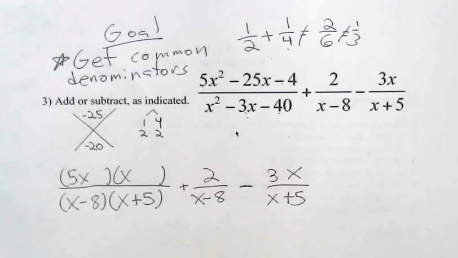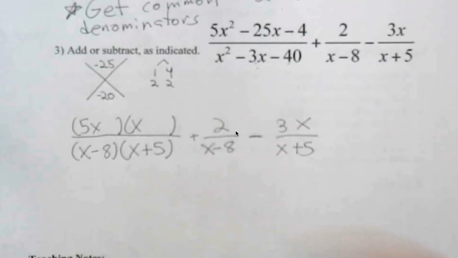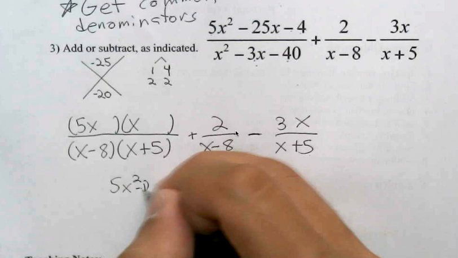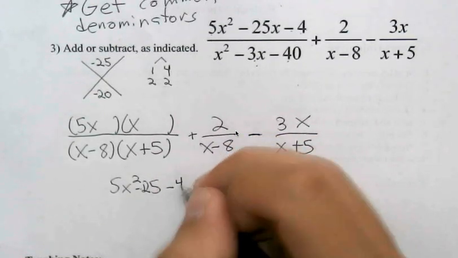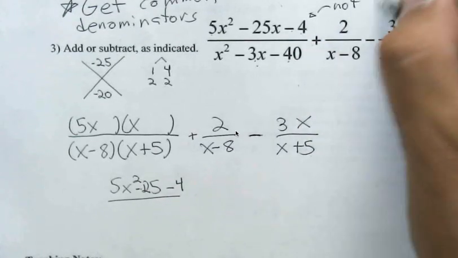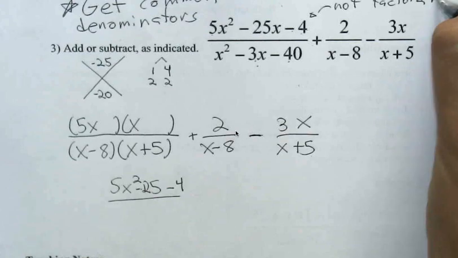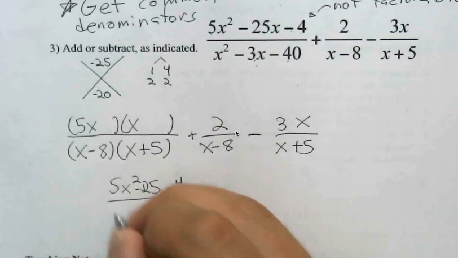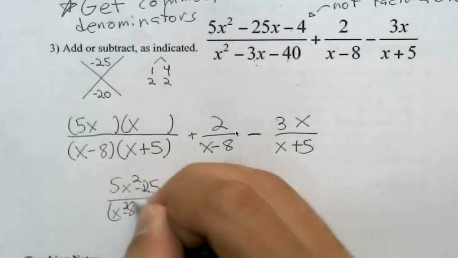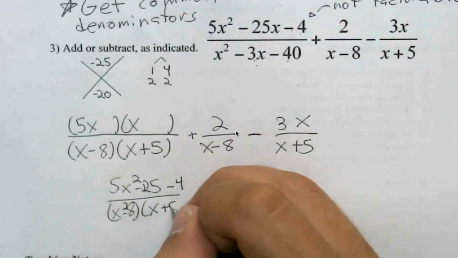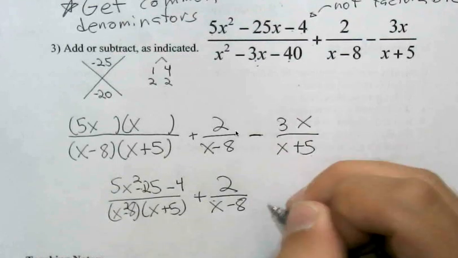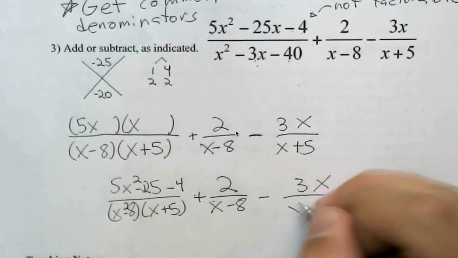So if I start this fresh, keeping our numerator as 5x squared minus 25x minus 4, because this is not factorable, and then the denominator x minus 8 and then x plus 5, adding on 2 over x minus 8, minus 3x over x plus 5.